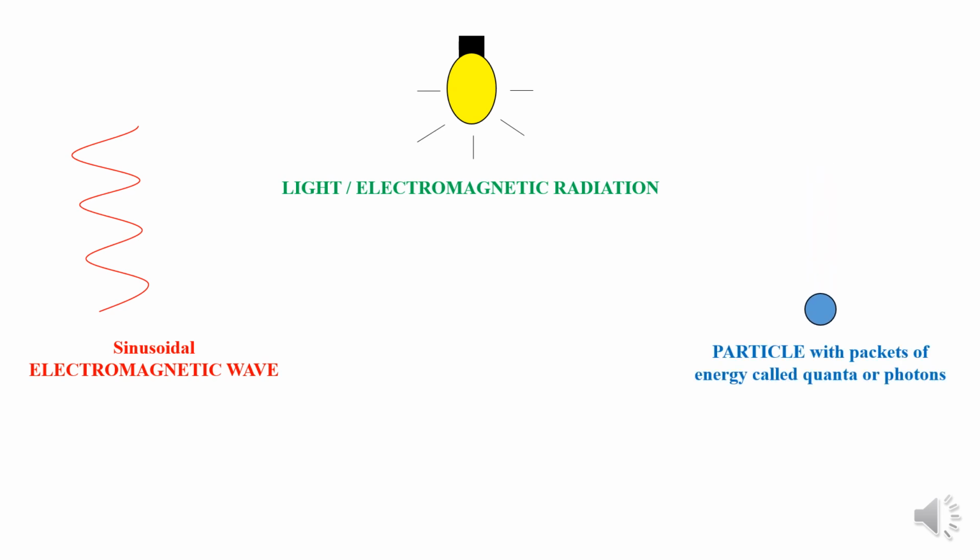Now the waveform of light can be visualized as a sinusoidal wave, and the sinusoidal wave can be described with parameters like wavelength and frequency. Wavelength and frequency are the important wave descriptors. Light also exhibits particle characteristics with packets of energy called quanta or photons.